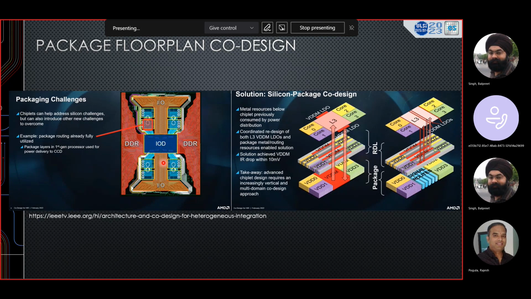Now, there may be some active components right there, right? As they were showing here, right? So this is a CCD die, you have cores here and you have L3 here, right? Now, all these traces are running through that L3, right? So you need to consider the power delivery aspects of it. Earlier, in the previous generation, power delivery was smooth. But in this generation, if you don't co-design, right?